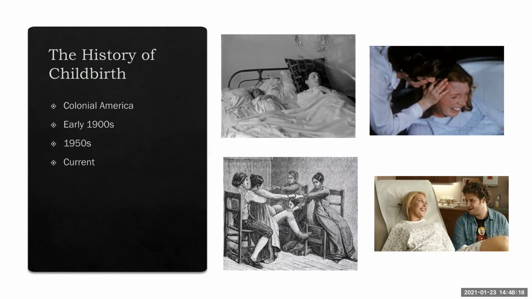There are current initiatives to decrease primary C-section rates and to accommodate the woman in her wishes. We're moving more and more towards evidence-based and family-centered care. We have come a long way from colonial America, where 50% of women and babies died in childbirth. We have a long way to go to ensure the safety of every woman in childbirth, but we are doing much better now.